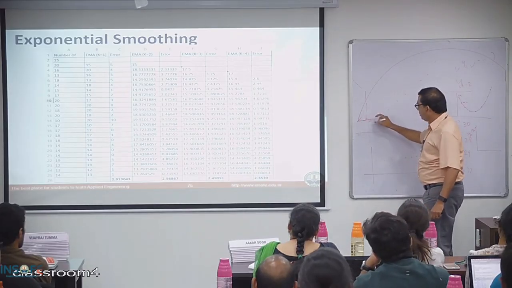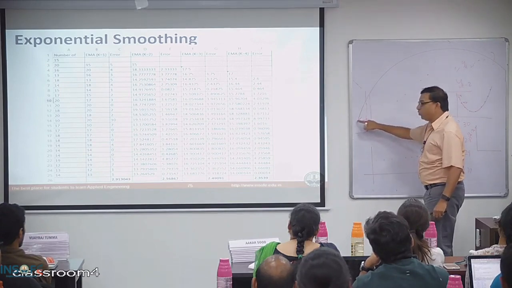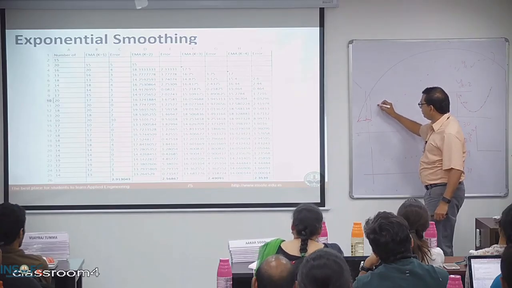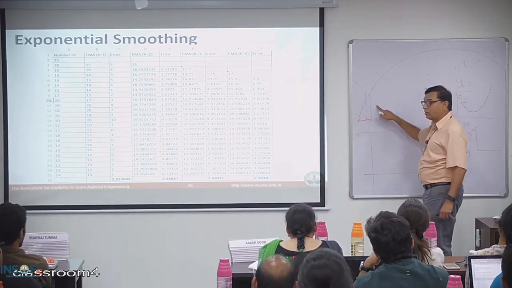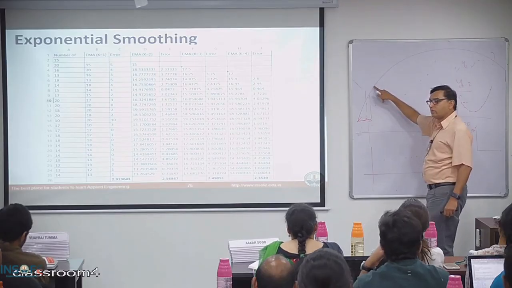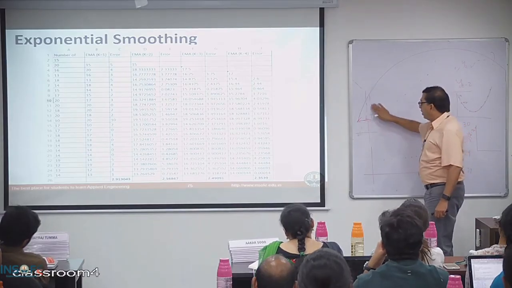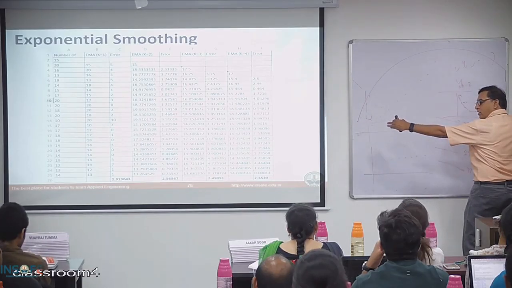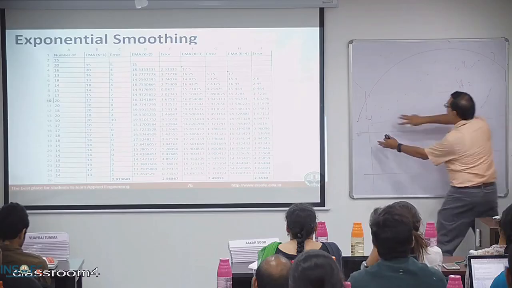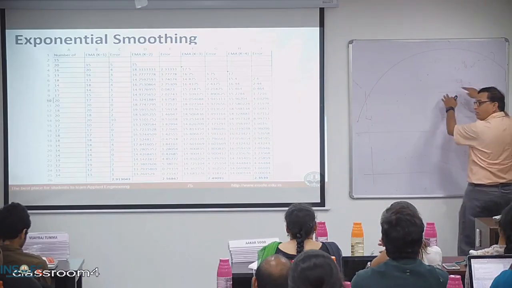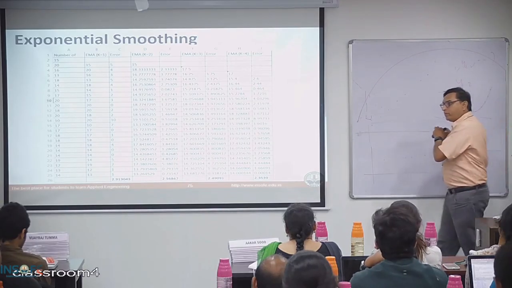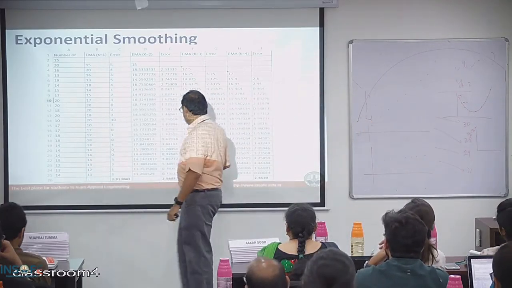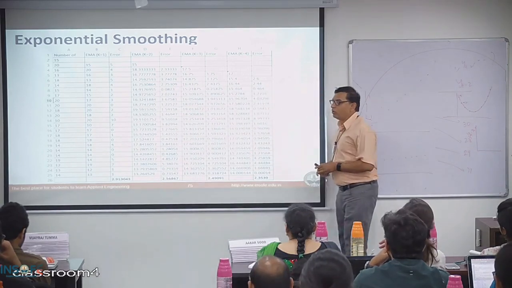I'll be averaging here and making the forecast of all of these points as the average of these points, which will turn out to be somewhere here. Average of all these points will turn out to be here. That's a very poor forecast for this, right? However, if I use the entire window as a window size, then average of all of these points will turn out to be somewhere here. That might turn out to be a better forecast. So the patterns in the data will determine what is the appropriate parameters that's going to work for you.